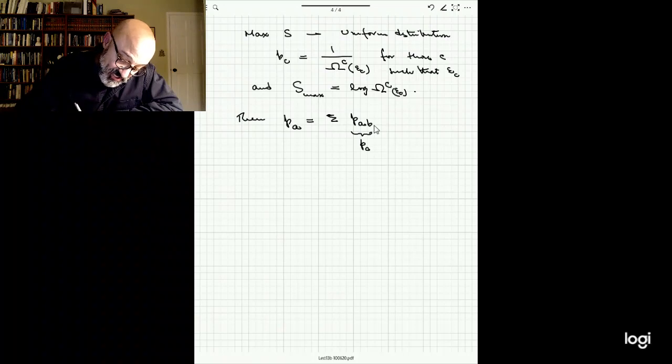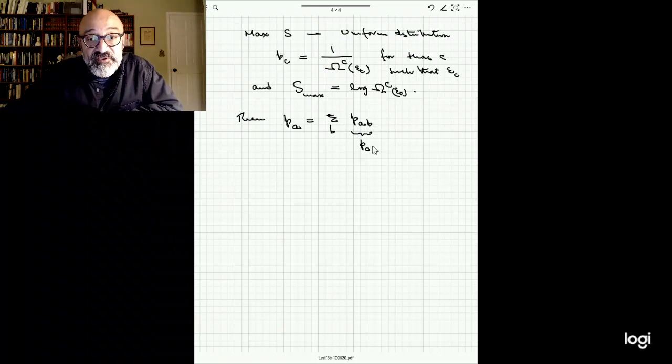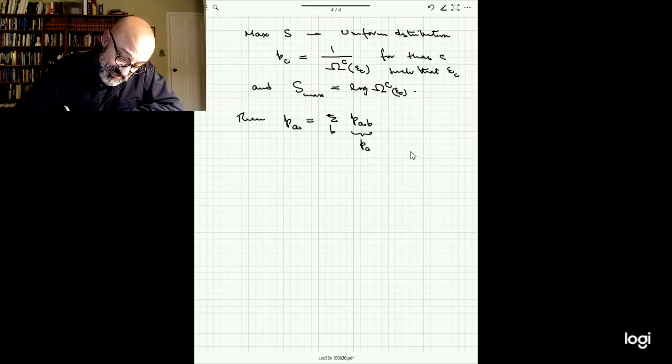And we marginalize by summing over all the B's. This is one of those interesting manipulations of probability that we learned at the very beginning. When you have a system composed of two parts, to compute the probability of one part, you just take the joint probability and marginalize. But this P_C, we know what it is.